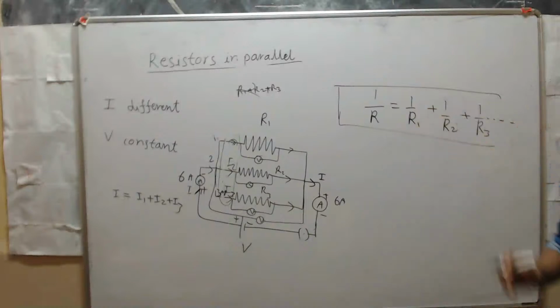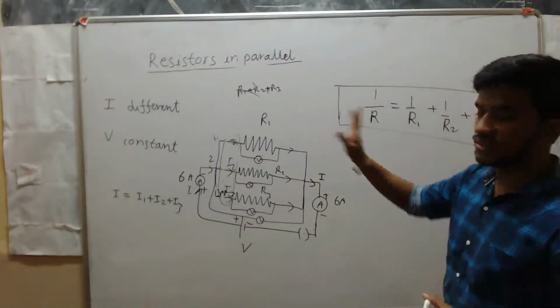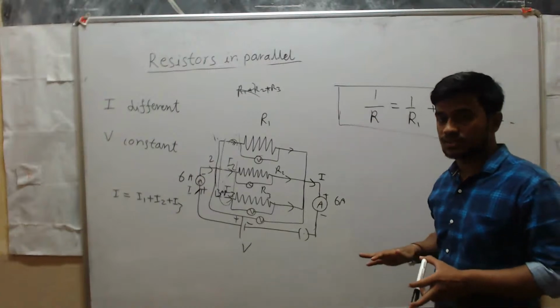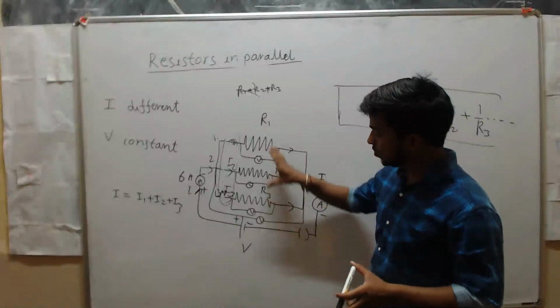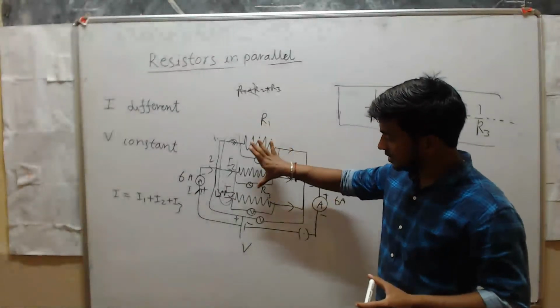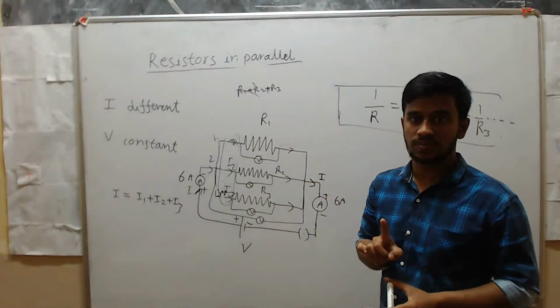Why do we use this formula? Here we use this formula to calculate the total resistance in the circuit, or equivalent resistance. It means you have to simplify these resistors. Your work is to make these three resistors as one resistor.